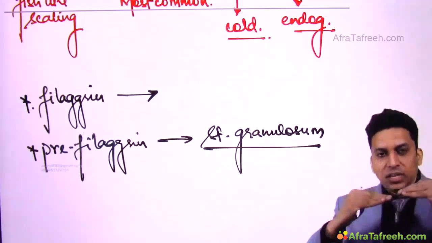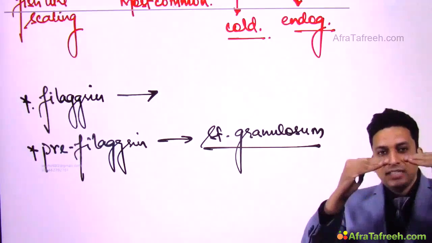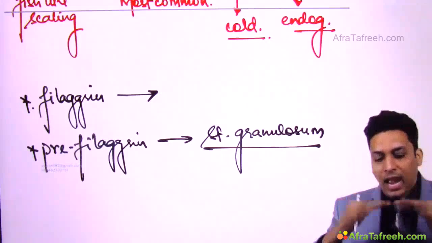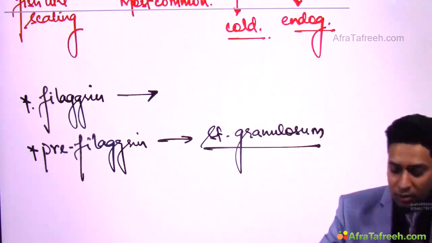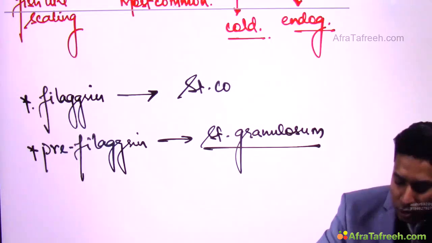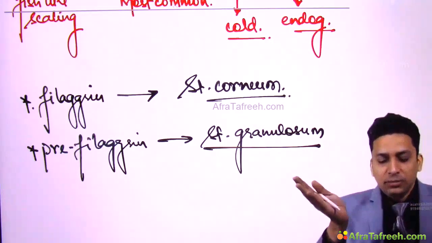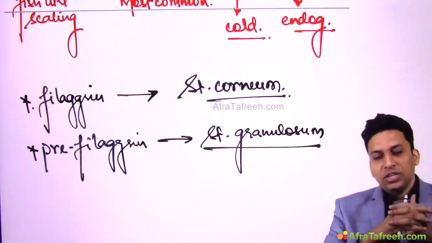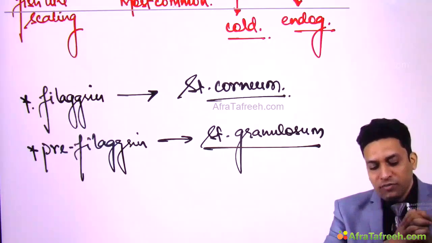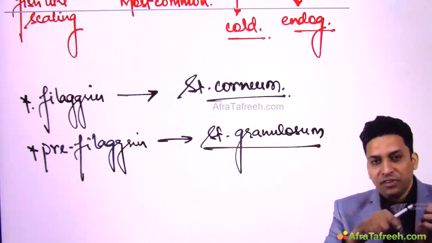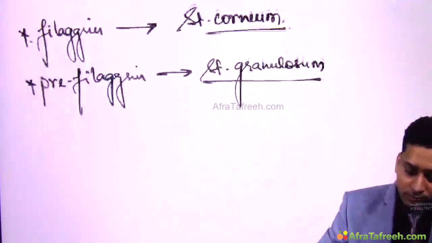When this precursor molecule matures, by the time these cells move above, which is the layer present above stratum granulosum? That is stratum corneum. Except for palm and sole where stratum lucidum is present, the layer above stratum granulosum is stratum corneum. So filaggrin is present in stratum corneum, pre-filaggrin is present in stratum granulosum.